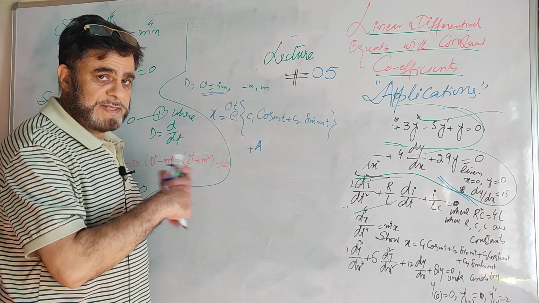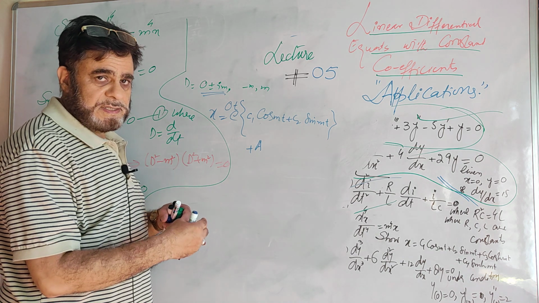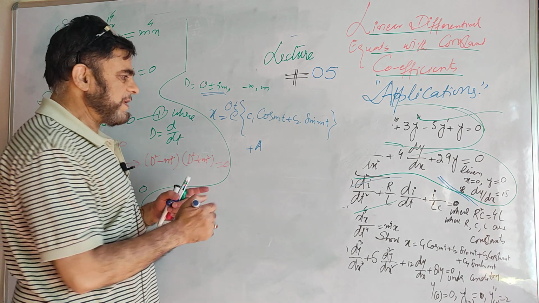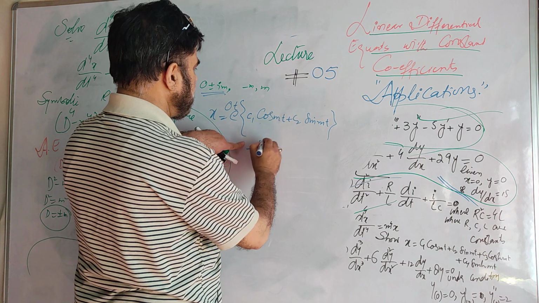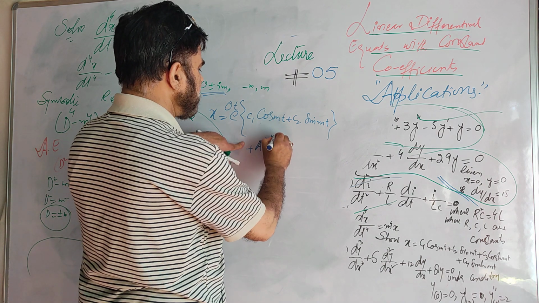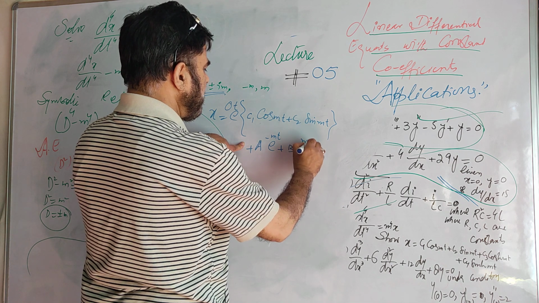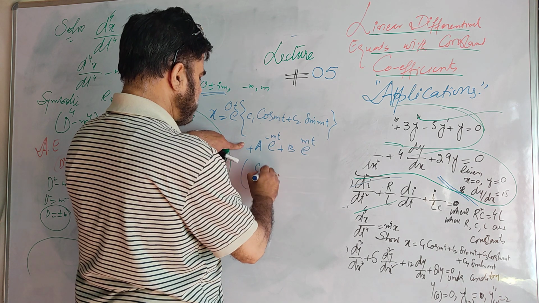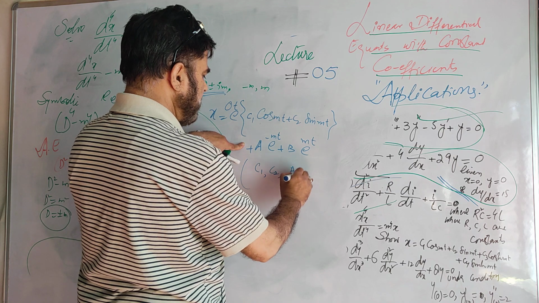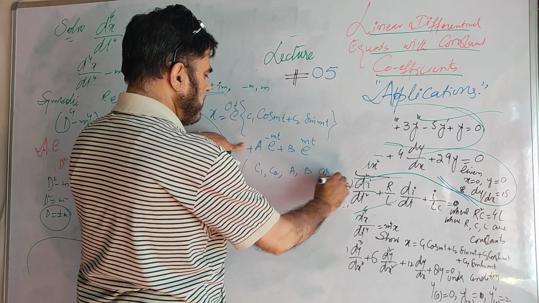You will see when I convert the e power into sine hyperbolic and cos hyperbolic. So a e raised to power minus mt plus b e raised to power mt, where c1, c2, a, b are constants.